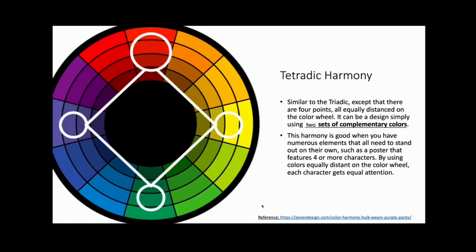So however those work out, you're using two sets of complementary colors. This is good when you have lots of elements that need to stand out on their own, such as a poster that has 4 or more characters, or if you're using the colors equally distant on the color wheel, each character gets its own attention.